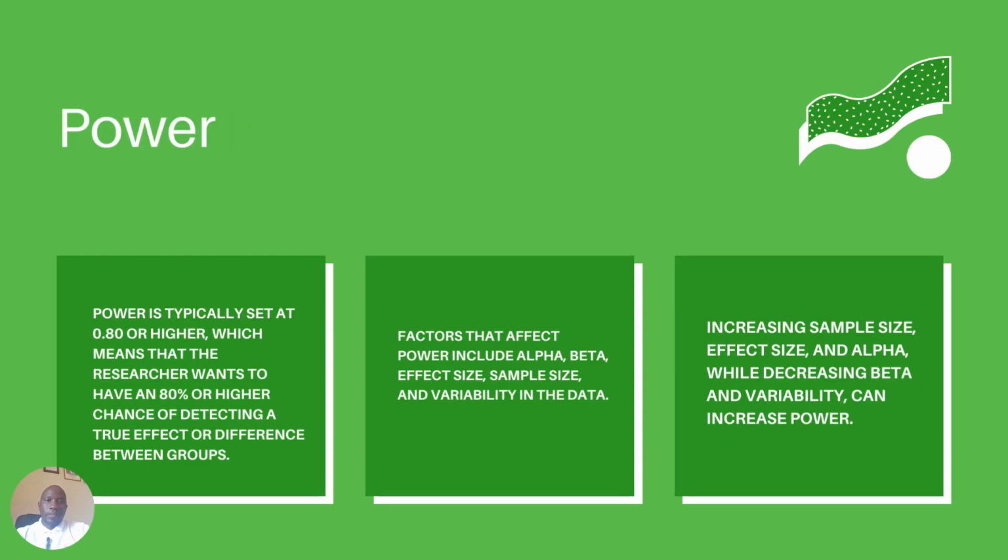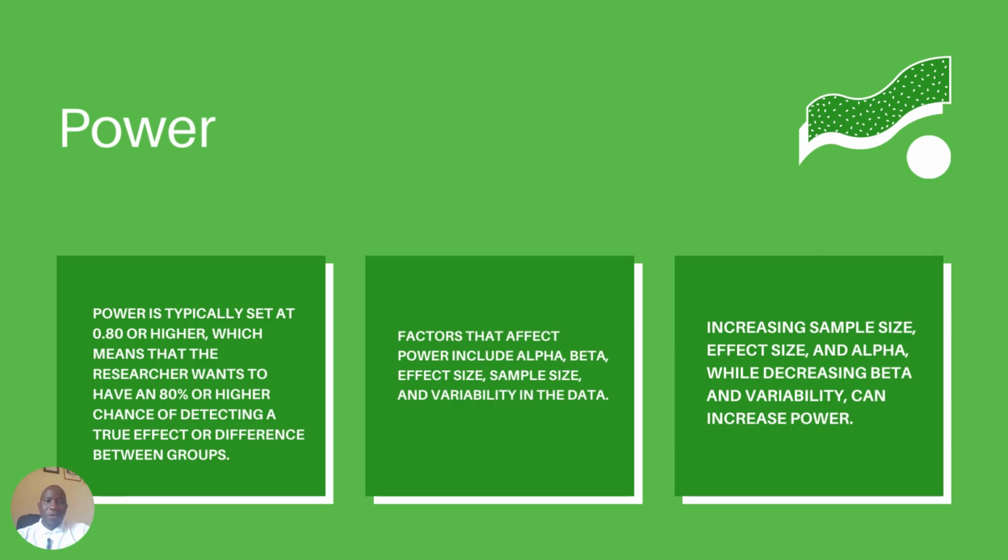Okay, yes. So power is also typically set at 0.8 or higher, which basically means that you, as a person conducting a study, want to have an 80% chance of detecting a true effect or any difference between groups.